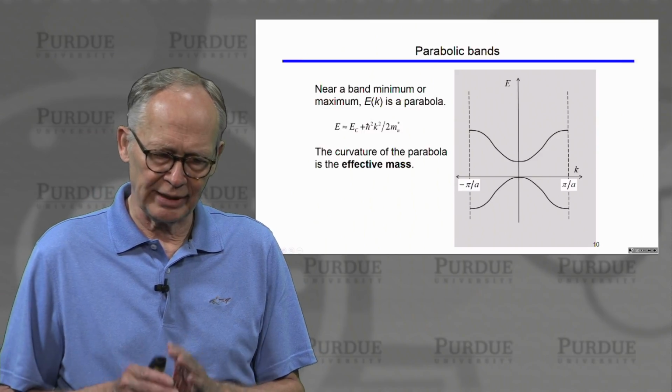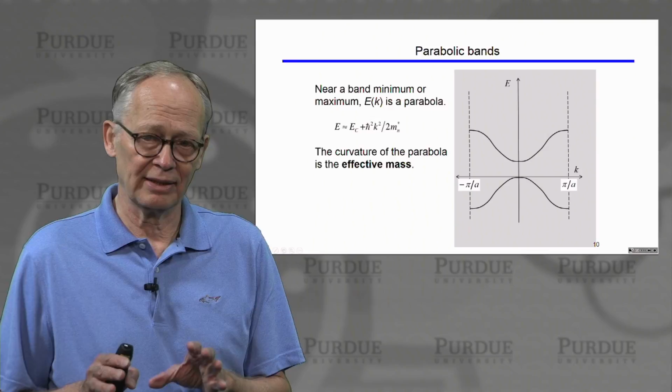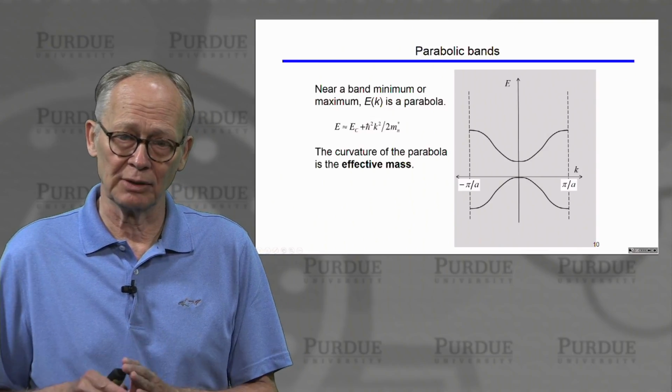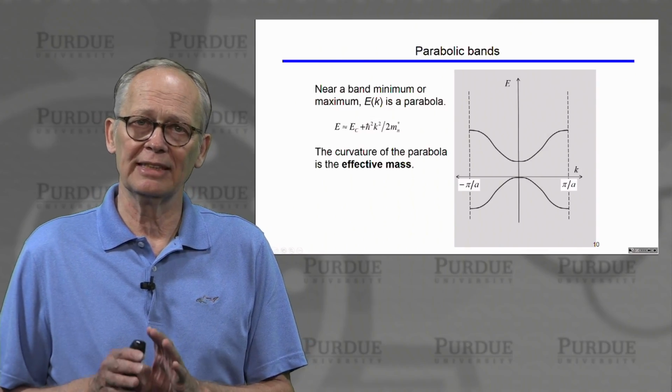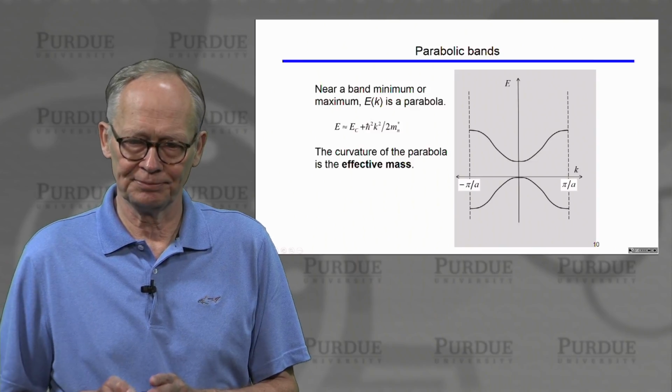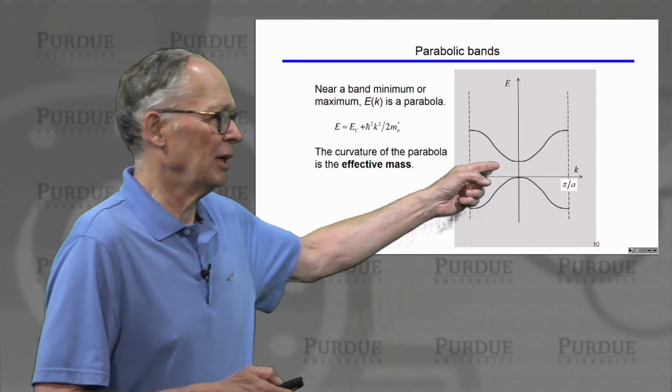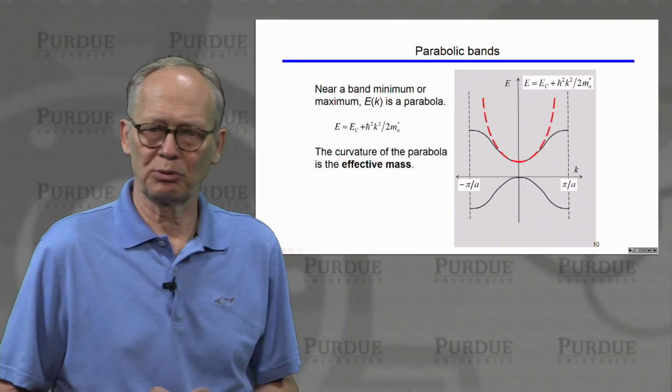Now, in simple cases, and this will be the case that we will use for the remainder of the course, we can assume that these bands have a very simple structure. That is, near the minima, the conduction band looks like a parabola.